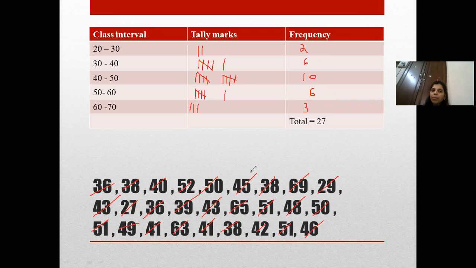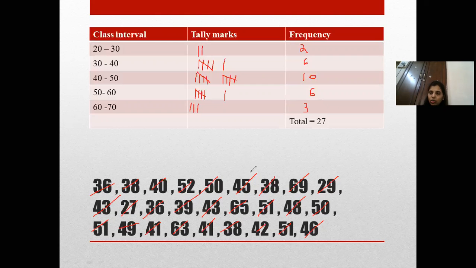So children, just remember that when it is said that you have to prepare the frequency distribution table using grouped class intervals, when you're writing the discrete one, there is no problem.